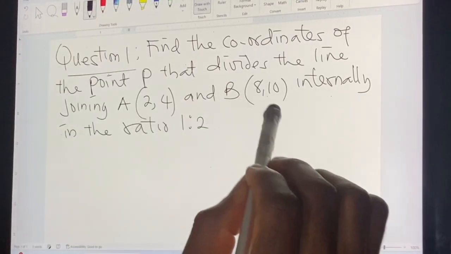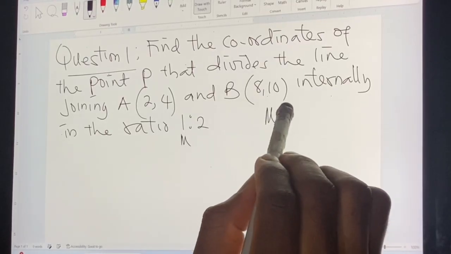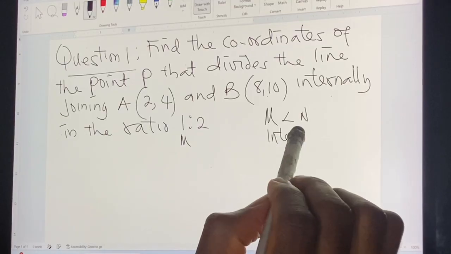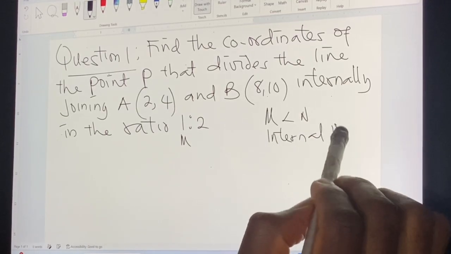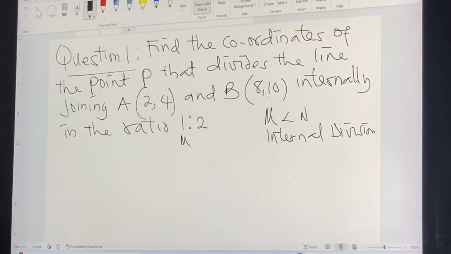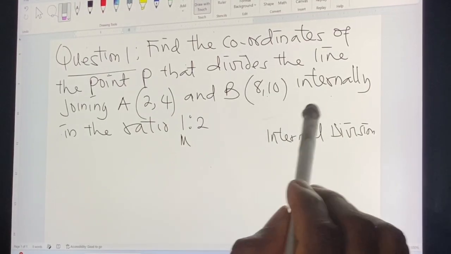What does it mean here? It means that if M, which is represented here, is less than N, we call this internal division. Please take note of this, okay? So sometimes, okay? So let's solve this question here. Solution, please.